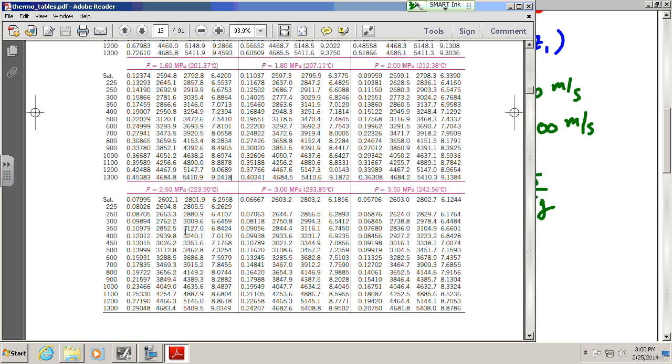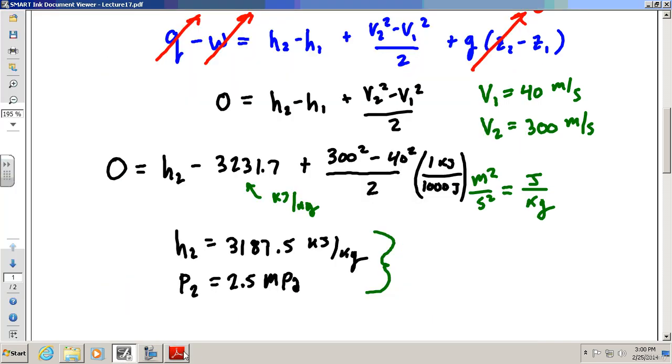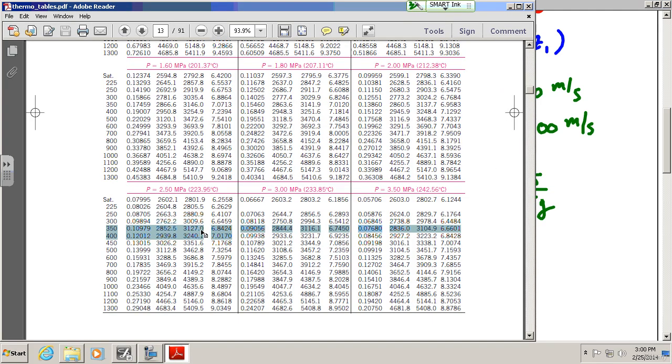If you go to 3187.5, you'll notice that you're pretty much going to be between 350 degrees Celsius and 400 degrees Celsius. You see that? You got 3187.5. It's between 3127 and 3240. Basically, it's almost halfway between them. It's a little bit more than halfway between 350 and 400.